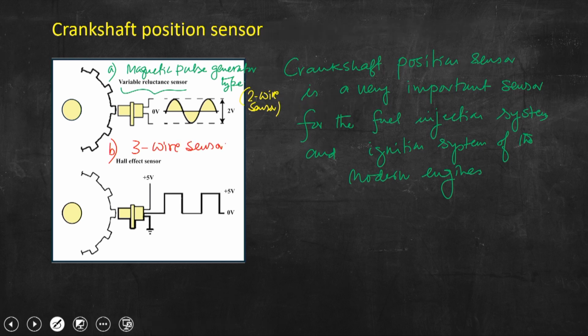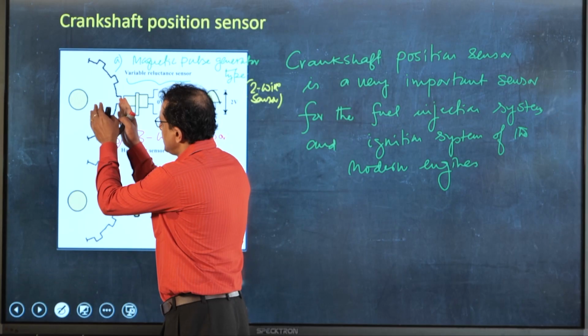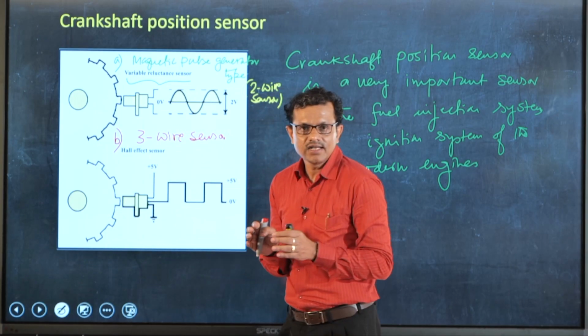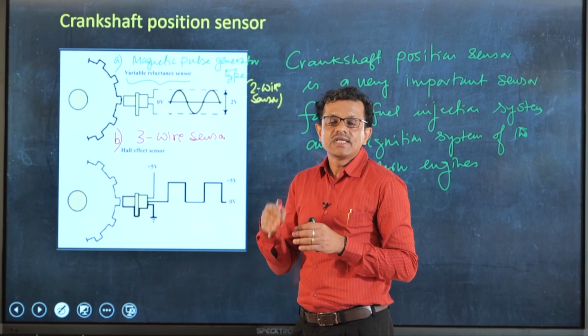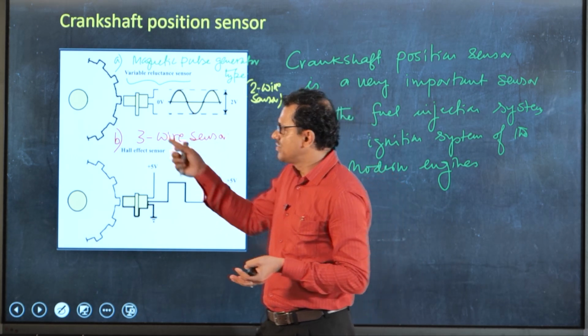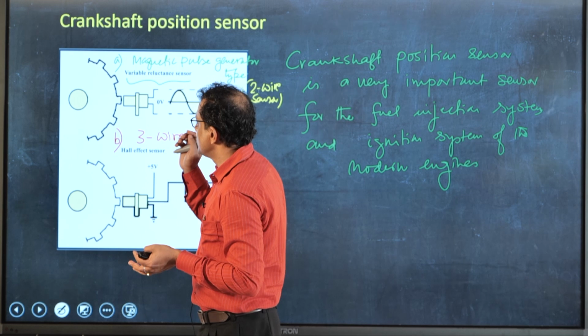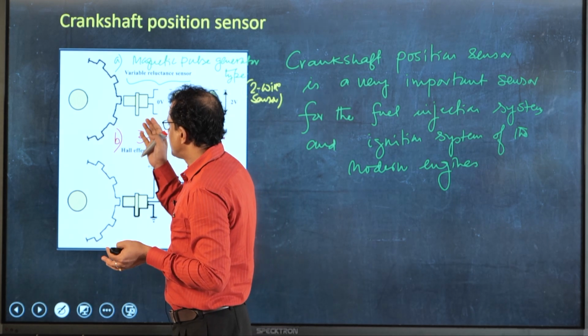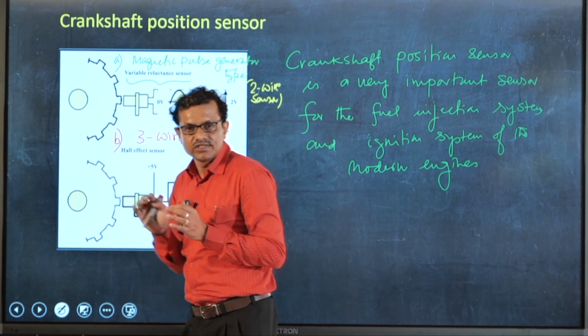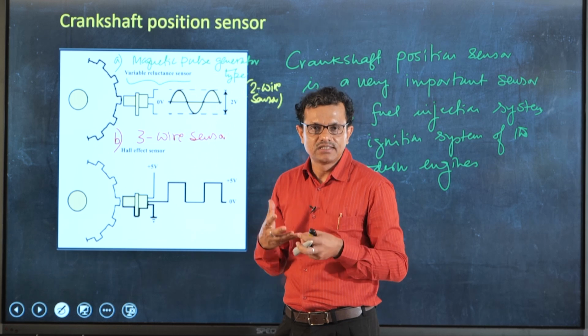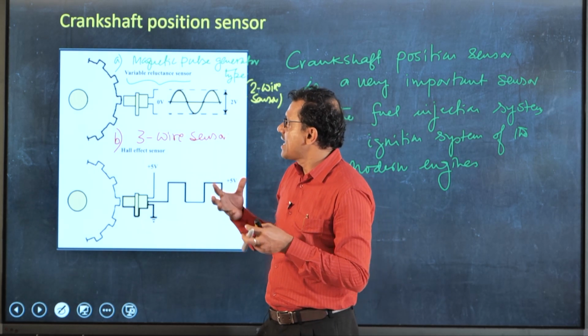Now, you can see the extreme left part where there is a toothed disc. So, this toothed disc, basically this is a shaft. Now, we need to know the shaft position, basically shaft speed, right. So, crankshaft.